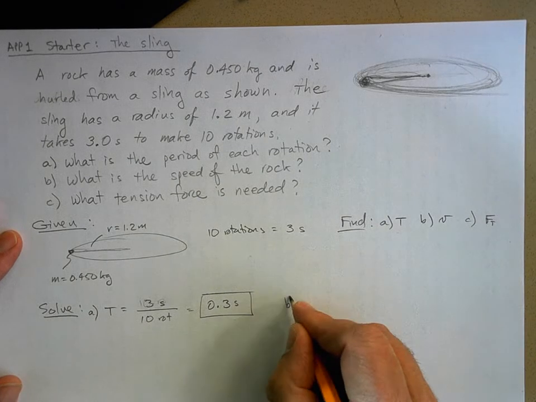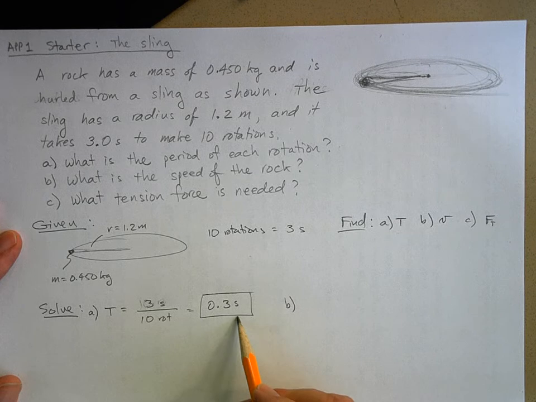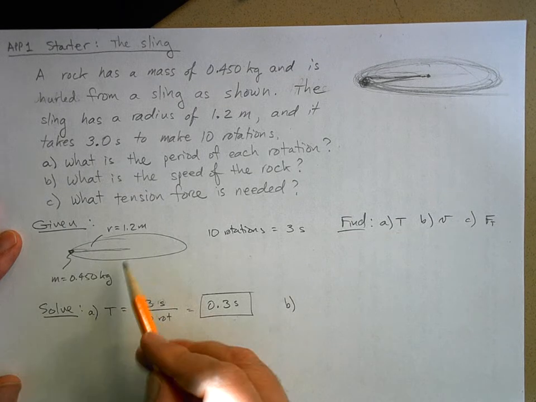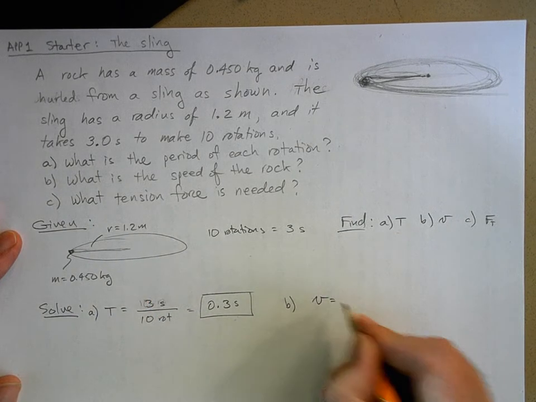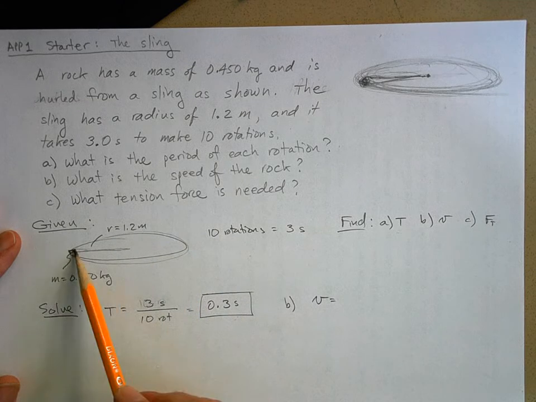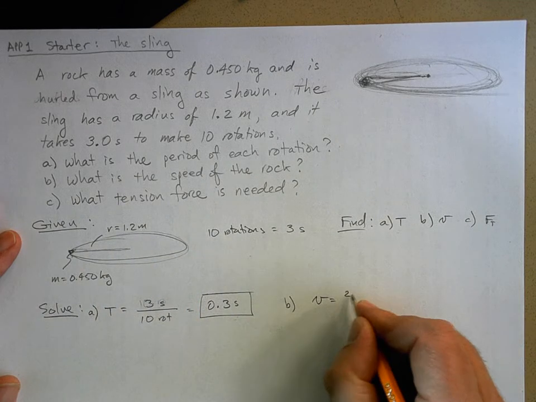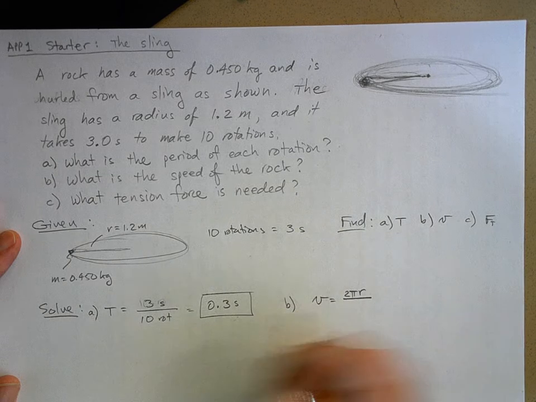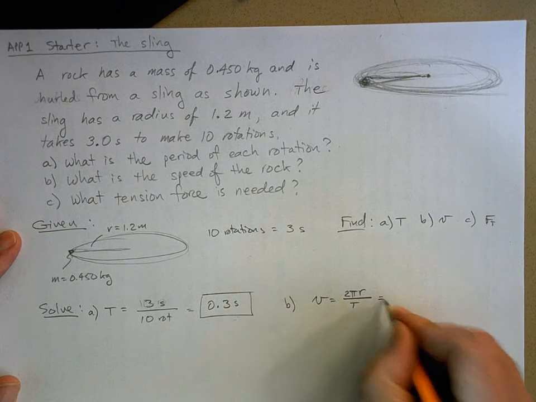Now for part B, well, if I know the period and I know the radius, I can figure out the speed, because speed is the distance per unit time. Well, the distance is the circumference of a circle, which is 2 pi r, divided by the period.